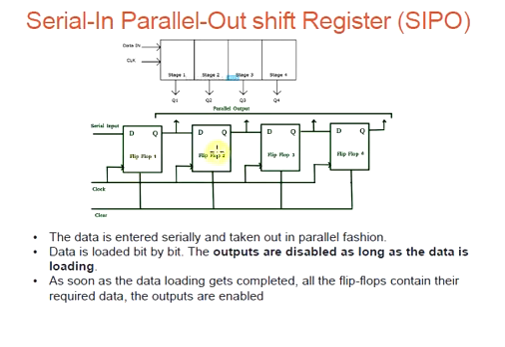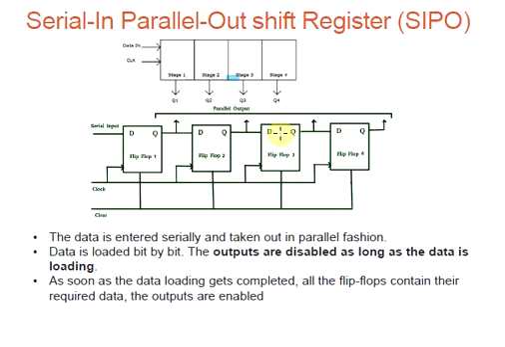Here also 4 flip-flops are used, and the data information is given with the first clock pulse. The least significant bit will be input here, and for each clock signal this will be transmitted through, and after 4 clock pulses the data will be available here, at Q1, Q2, Q3, Q4.